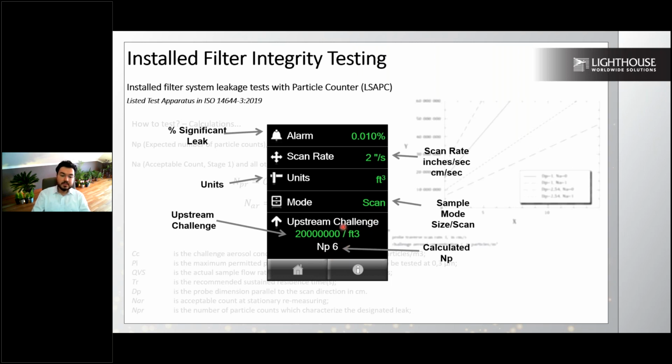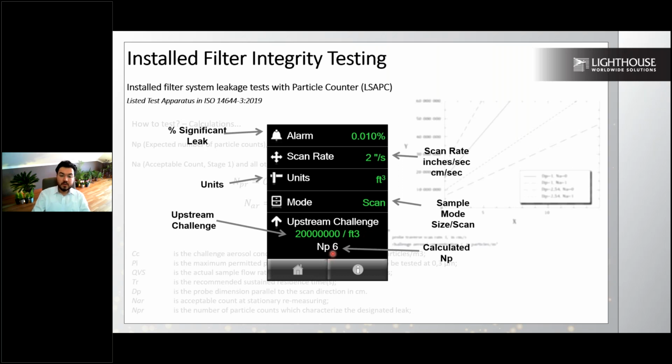So the system will calculate it based on the information you gave to the system, and also the information that the system obtained with a smart technique.